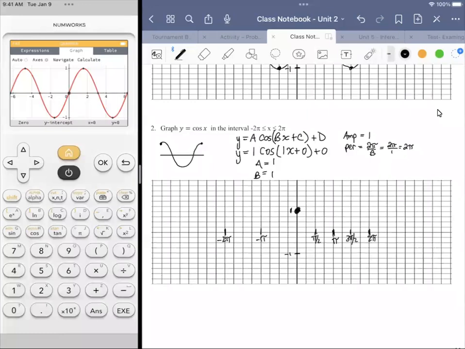So it's going to decrease to the midline at pi over 2. It's going to hit its minimum at pi, back to the midline at 3 pi over 2, and then back to the max at 2 pi. So it's going to look something like that. So follow the trend going in the opposite direction, and you'll have it.